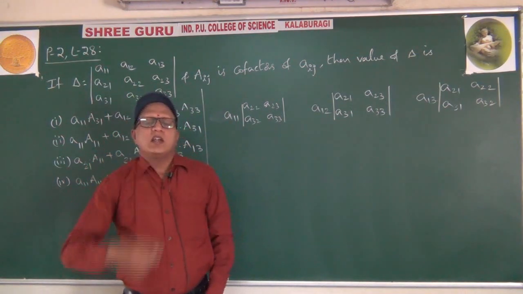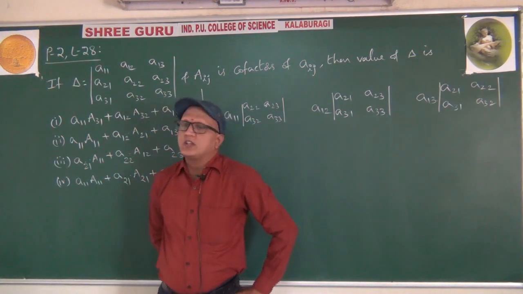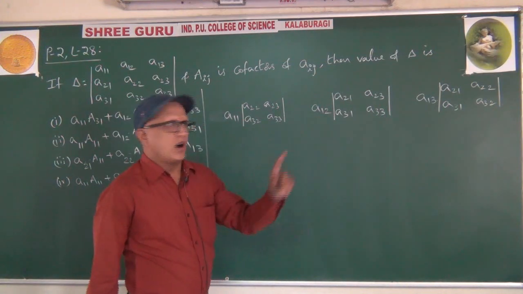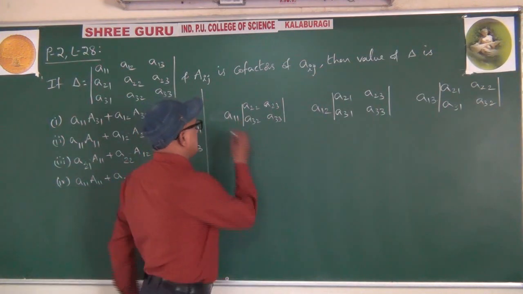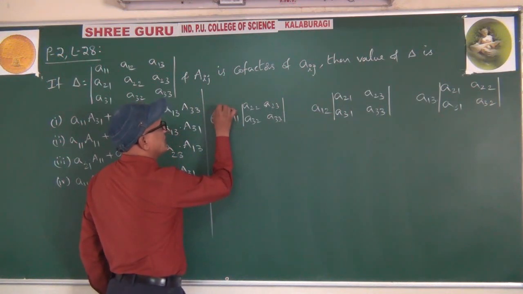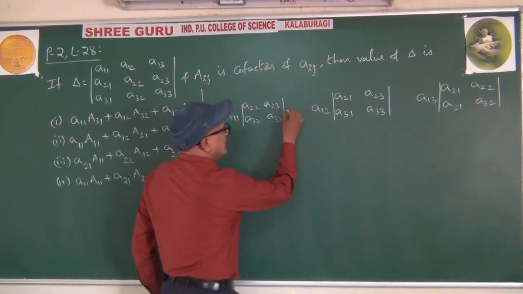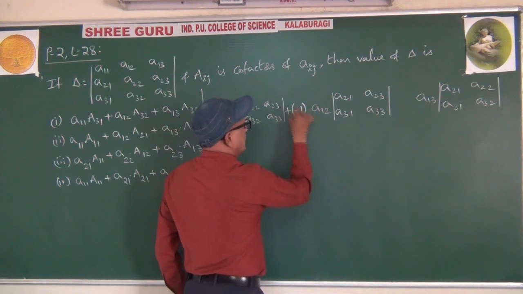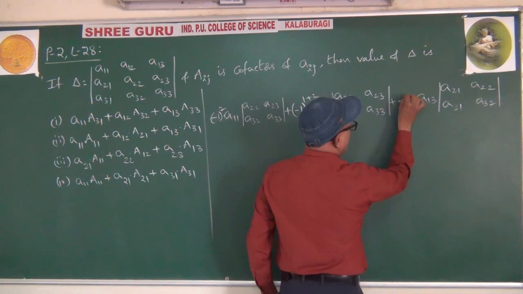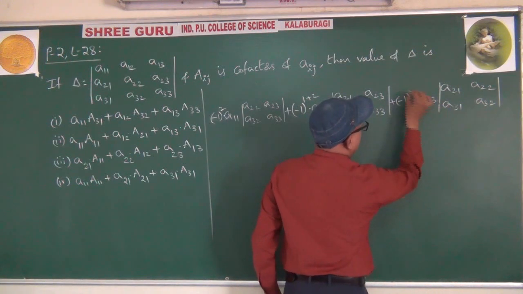When I explained this concept in the beginning, I told how to expand this: minus 1 whole power 1 plus 1, minus 1 whole power 1 plus 2, minus 1 whole power 1 plus 3.